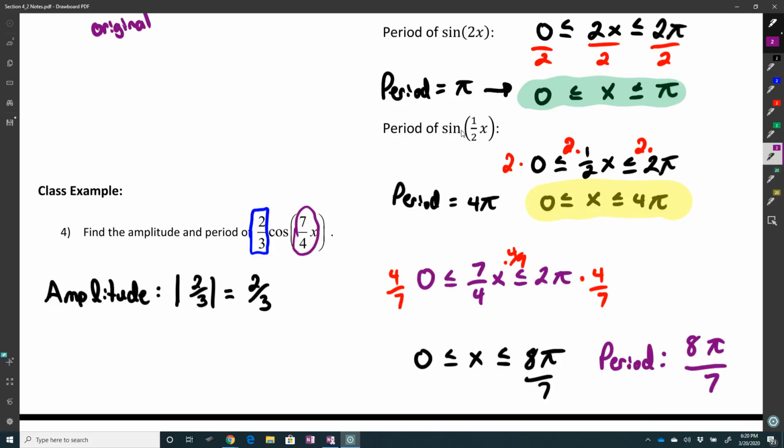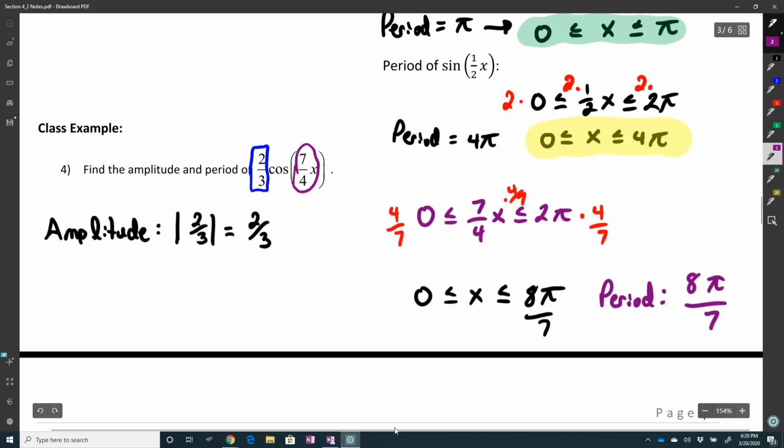Okay? Now what would you do if they wanted to find the length of each quarter? Remember when we were graphing, you need to know the quarters because they tell you where to put your peaks and your valleys. I didn't give myself enough room here, so let me write it to the side. The length of each quarter, and again this is useful when you're graphing, is just 1/4 times the period.